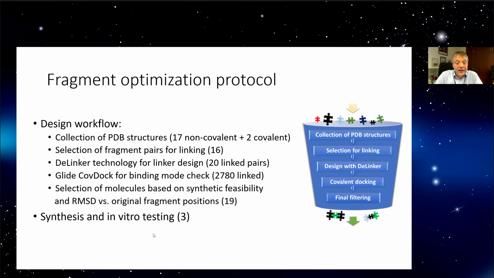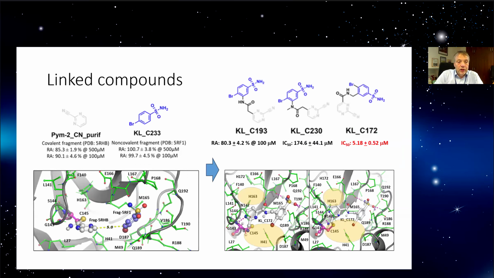Finally, we selected 3 linked pairs for synthesis and in vitro testing. In the next slide, I would like to show you that we started from the 6-membered nitrile that showed basically no activity against the main protease. And we selected this sulfonamide that is otherwise also a fragment hit identified by the XChem people.